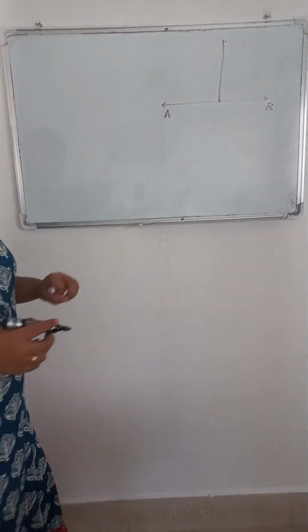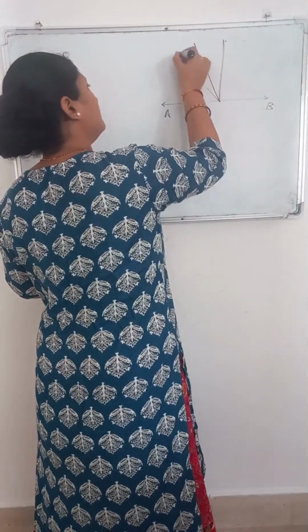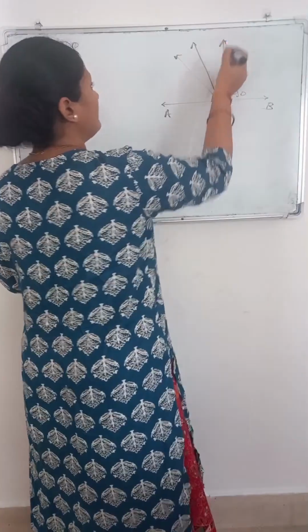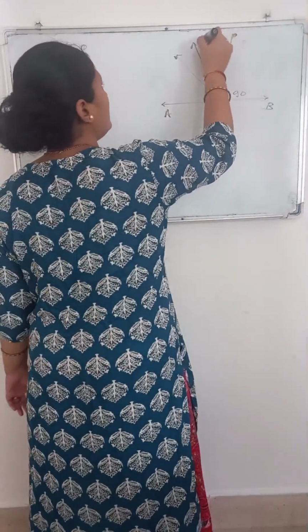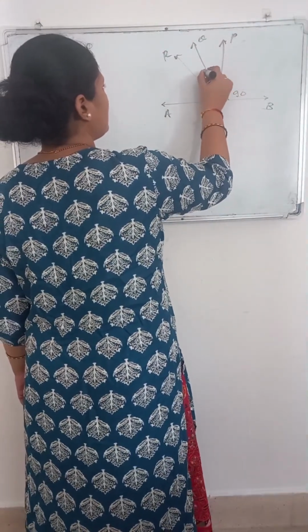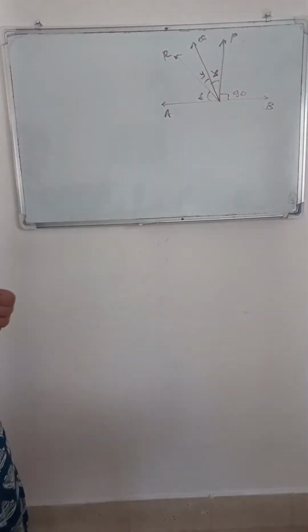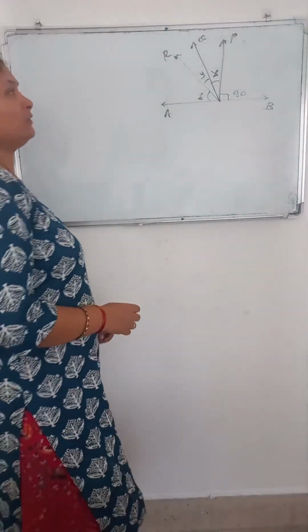Okay, and here we give this as 90. Now P, Q, R, and these angles are x, y and z. So these three angles are there. So it's very easy now how to calculate.